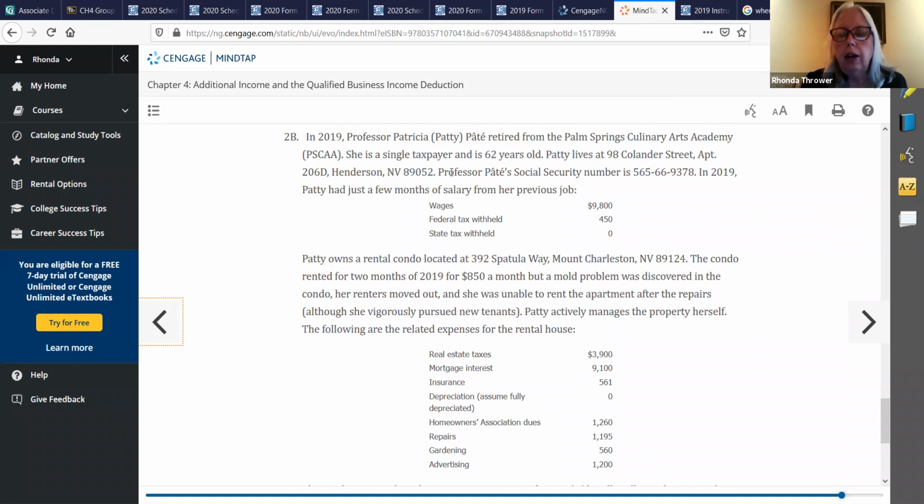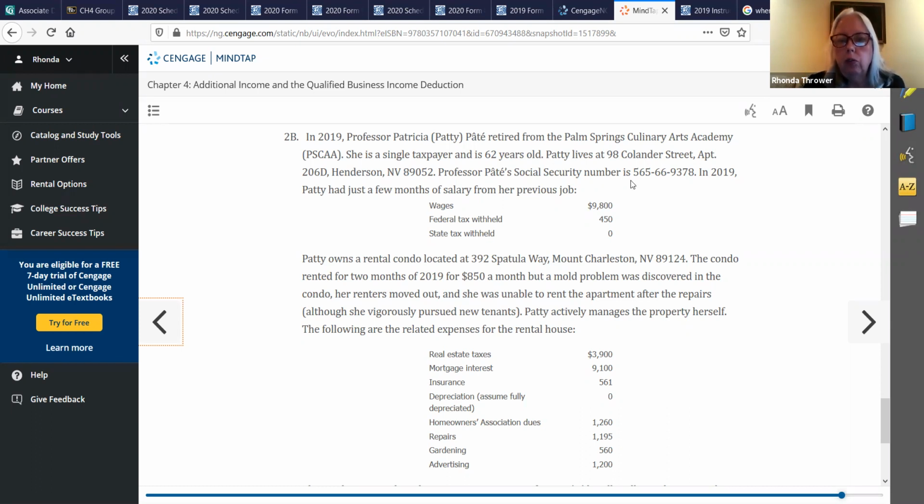She is a single taxpayer and is 62 years old. Patty lives at 98 Callender Street, apartment 206D, Henderson, Nevada, 89052 is her zip code.